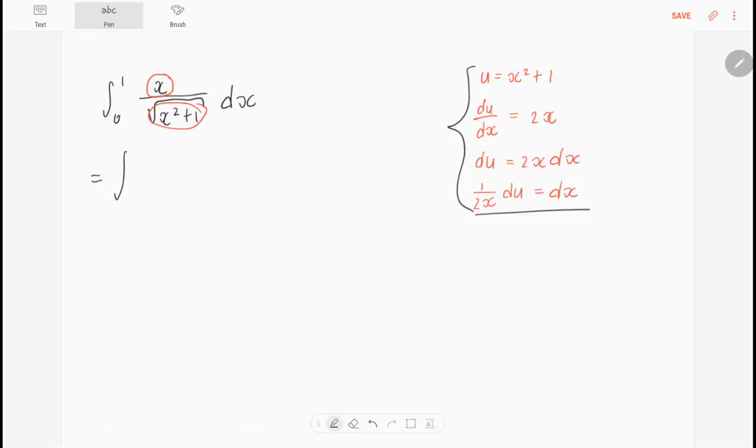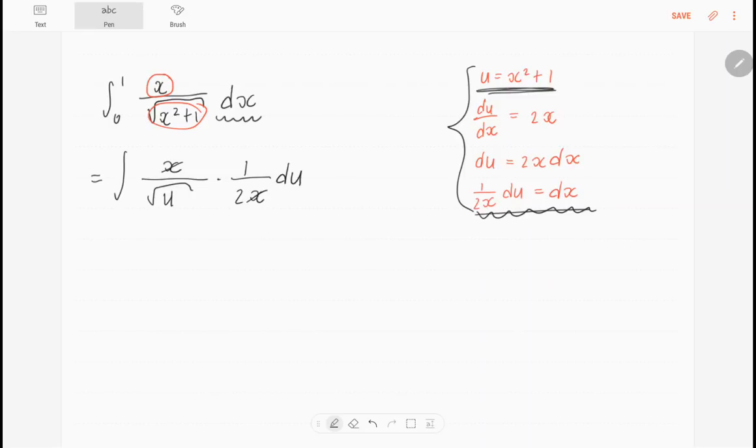So first thing I'm going to do is I'm going to use this and put it in my integral. So I said u equals x squared plus 1. So I'm going to replace the x squared plus 1 with u. Now I still have my x here, but I want to replace my dx with this. So I'm going to have 1 over 2x du.